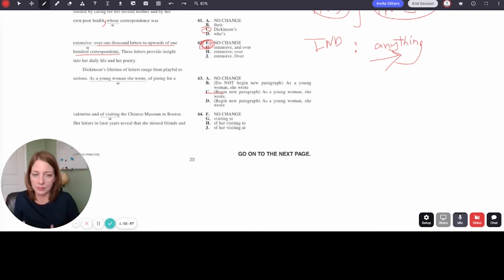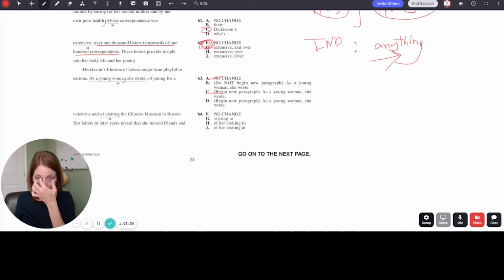You don't want an awkward pause in between that. As a young woman, she wrote of. Okay, so as a young woman, comma. All right, the first one, I've already said I want that comma after as a young woman, comma. Okay, so our choices are: do we want it to begin a new paragraph, or do we want it to be at the end? So Dickinson's lifetime of letters range from playful to serious. It seems weird that you would start a new paragraph right after you started a new paragraph.